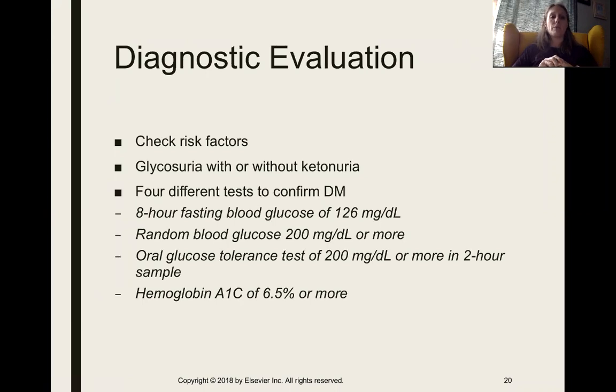The hemoglobin A1C of 6.5% or more is really going to be the gold standard because that gives us the blood glucose control over the past 2 to 3 months. So if that A1C is above 6.5%, then we're going to see that there are some issues going on.